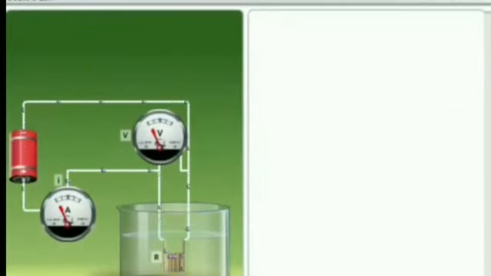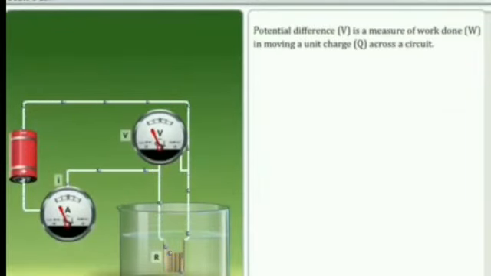Now let us derive Joule's law of heating mathematically. Potential difference V is applied across the heating element shown here. Let W be the work done in moving charge Q across the circuit.